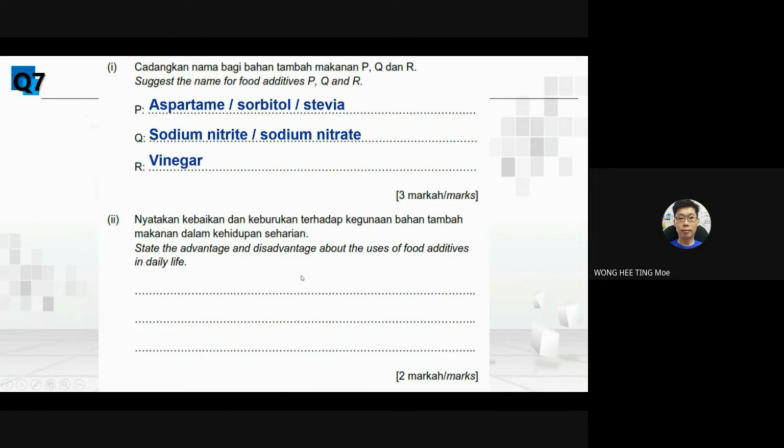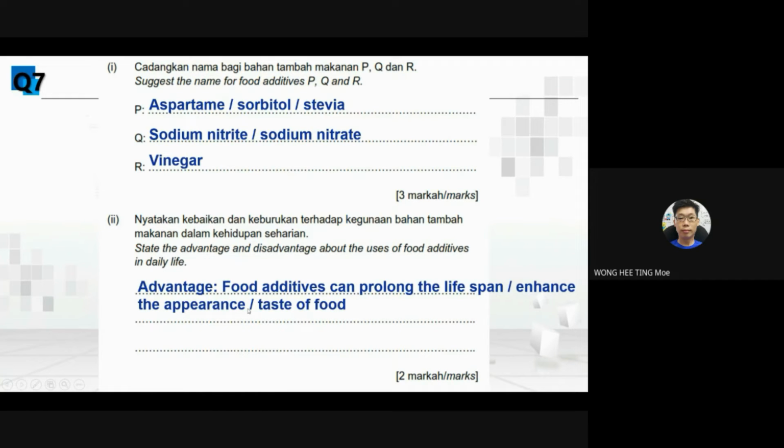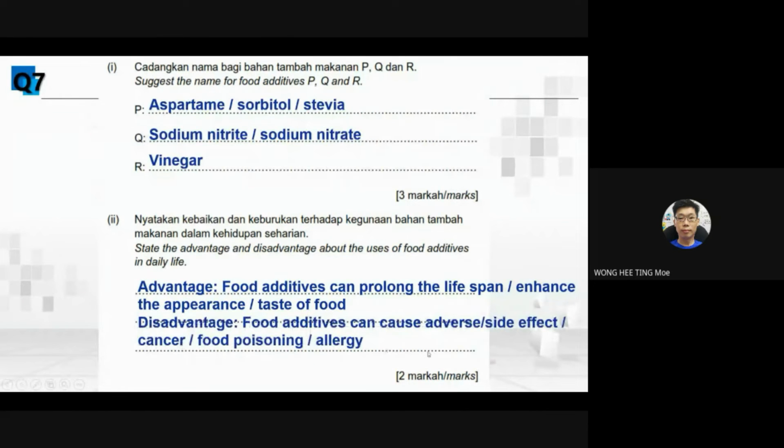Okay, next, state the advantage and disadvantage about the use of food additives in our daily life. So advantage for food additives, it can prolong the lifespan, enhance the appearance and taste of the food, last longer. Disadvantage, food additives can cause adverse or side effects, cancer, food poisoning, or allergy. So for disadvantage, I will encourage you to write the allergy, because a lot of food additives will cause allergy.